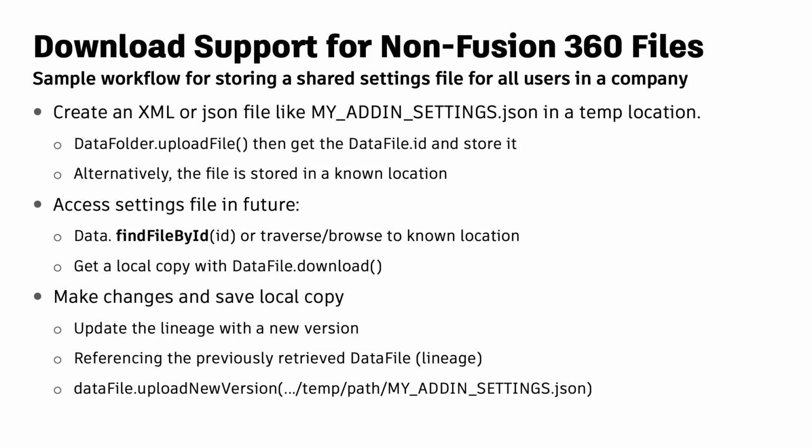Then you would use the data folder upload file initially, which would give you what we call a new lineage, or a new data file, with a new ID. Store it somewhere, or know that it's in a common location.